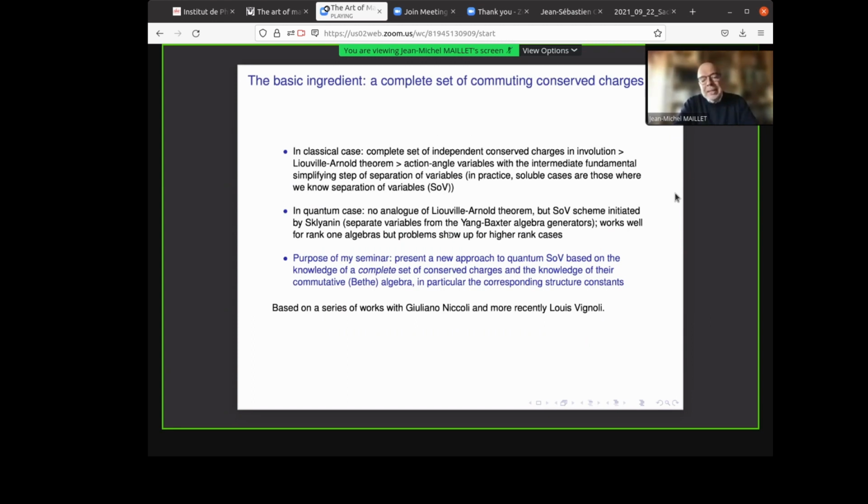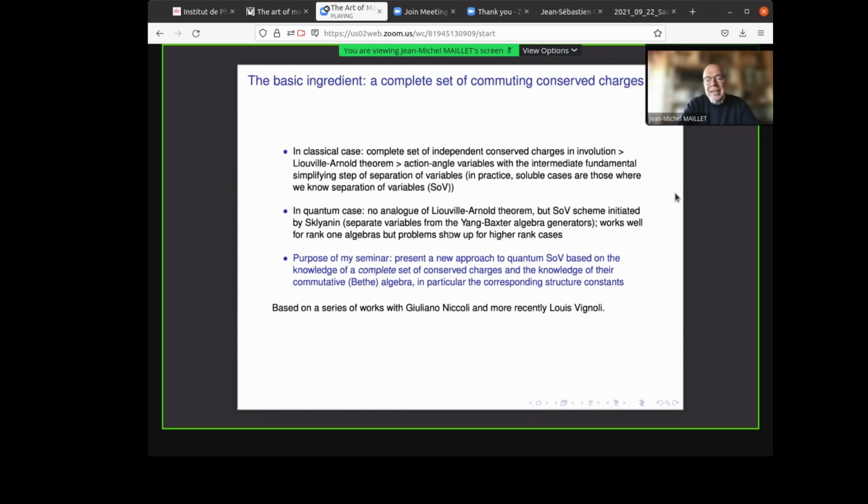So this talk is about really a basic ingredient that we all know in the integrable settings, which is a complete set of commuting conserved charges. So the word complete has a precise meaning in the classical case, where we have this Liouville-Arnold theorem. And although in practice, separation of variables is essential to get to the solution in general. But in the quantum case, we have no analog of this.